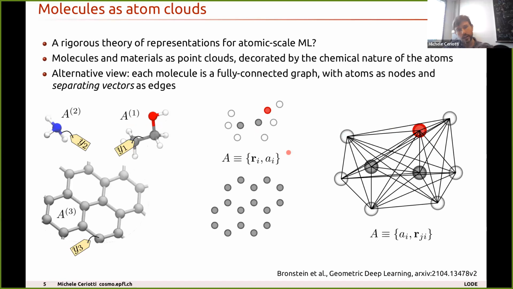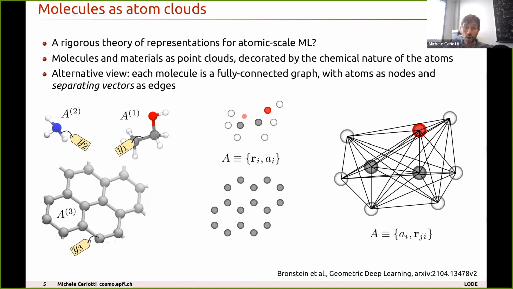So from a mathematical and generic machine learning perspective, what we're dealing with is a description of atoms. We describe a molecule or a material as the collection of the positions of the atoms and labels that tell you whether you have carbon, oxygen, or hydrogen in a certain location.